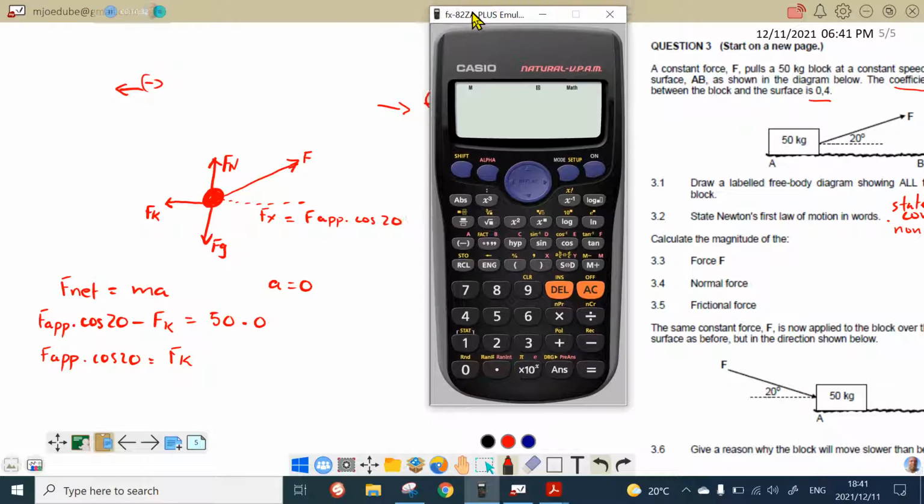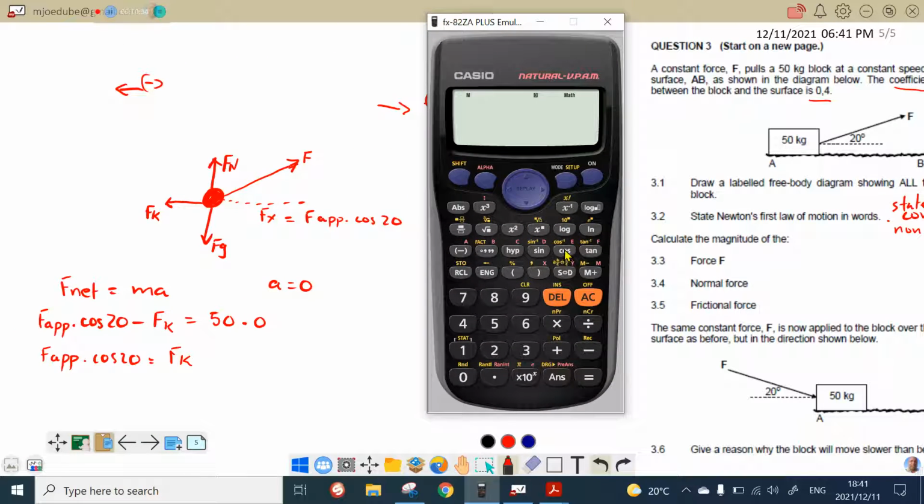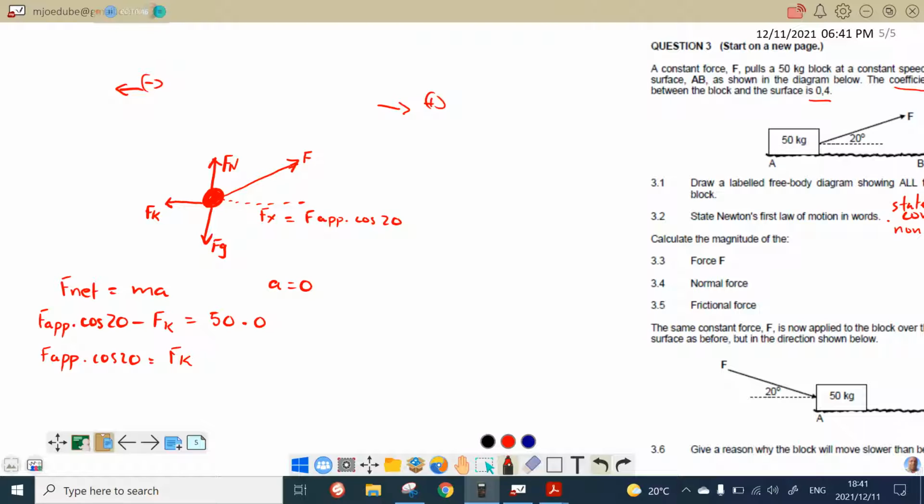If I put it into my calculator, cos 20 is equal to 0.949369, so it's 0.94. So this is going to be equal to 0.94 F app, which is equal to Fk.